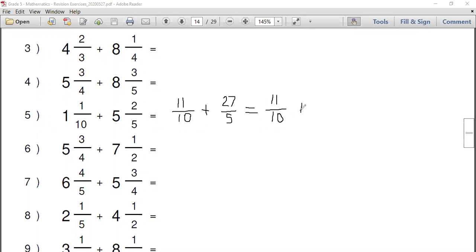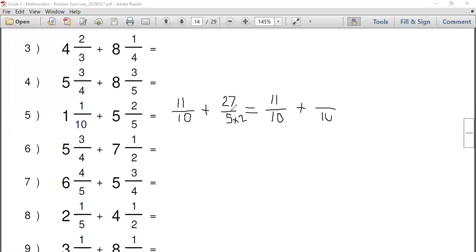Okay, now what's happening to our second fraction? The numerator is going to stay the same, but the denominator is going to change into 10. Okay, so if we change our denominator and we said 5 times 2, because 5 times 2 gives me 10, right?